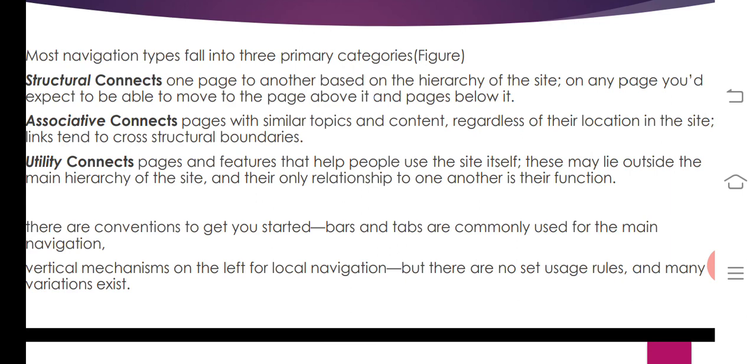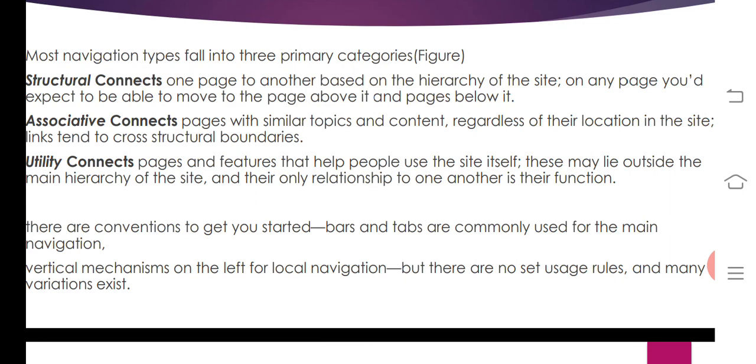There are different types: main navigation as well as local navigation. For main navigation, bars and tabs are commonly used, and vertical mechanisms on the left are used for local navigation.